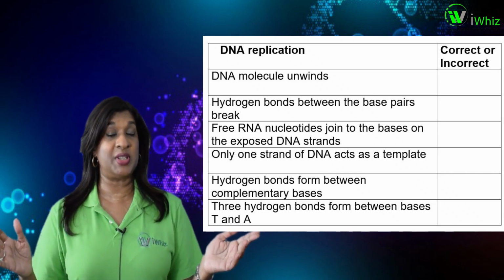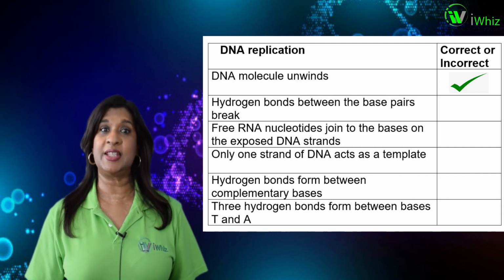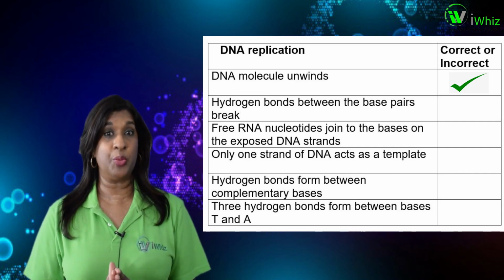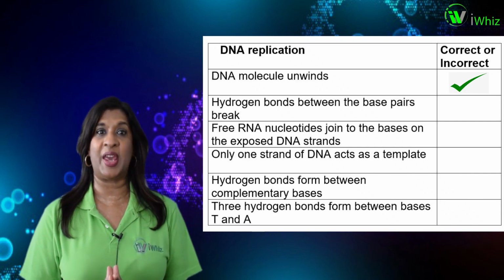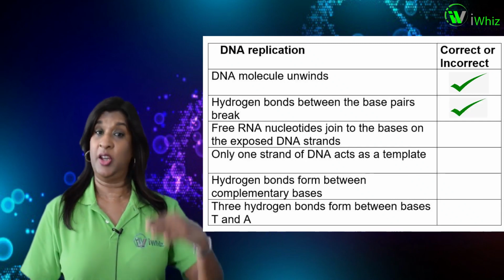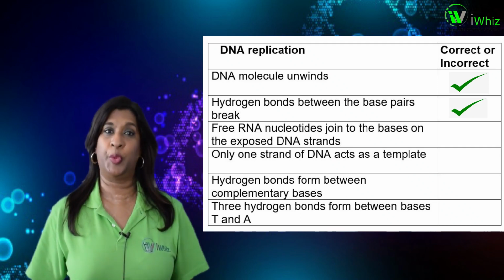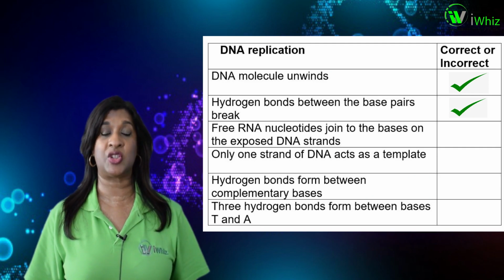So that statement is correct, right? The next statement, hydrogen bonds between the base pairs break. That's correct as well. And notice these statements are going in the sequence of the process of DNA replication.